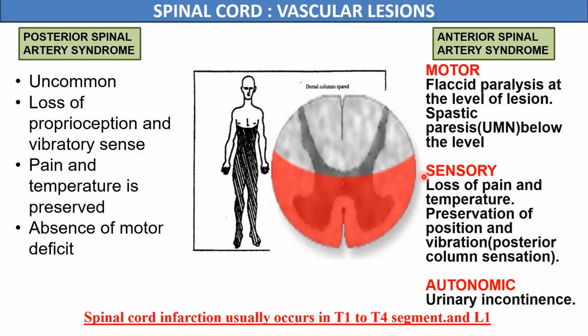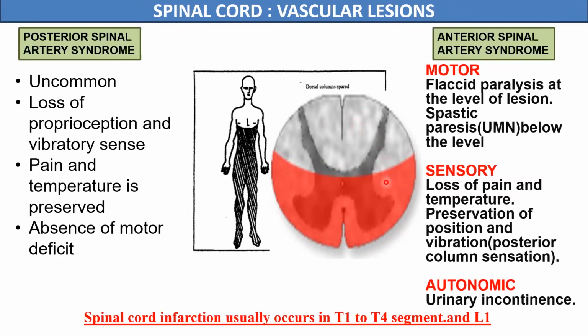While the sensory symptoms will be the bilateral loss of pain and temperature due to involvement of both the spinothalamic tracts. But there will be a preservation of the posterior column sensations, as the posterior one third of the spinal cord is supplied by the posterior spinal artery.